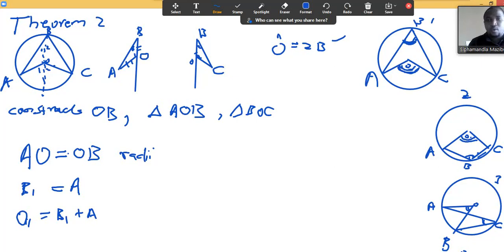Because this angle here is our O1. So an external angle of a triangle is equal to the sum of the opposite interior angles, which are this one here.